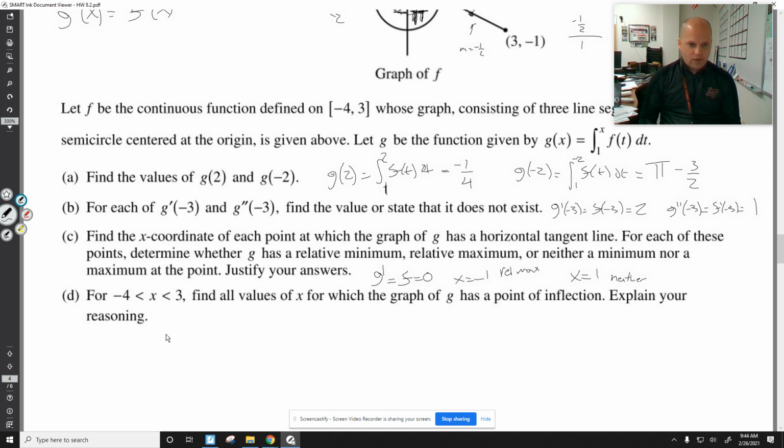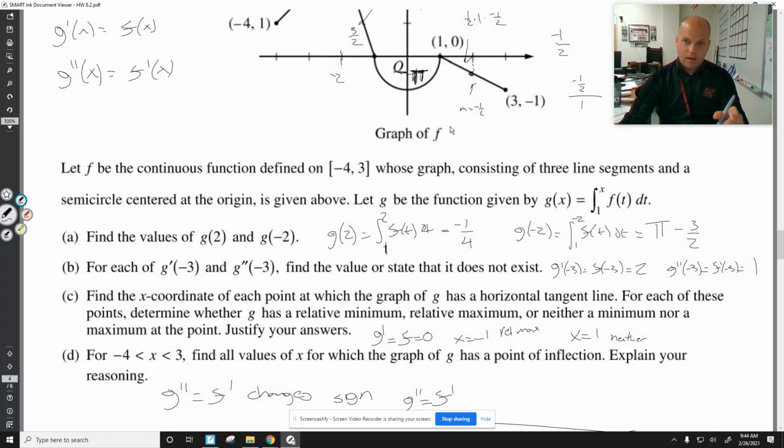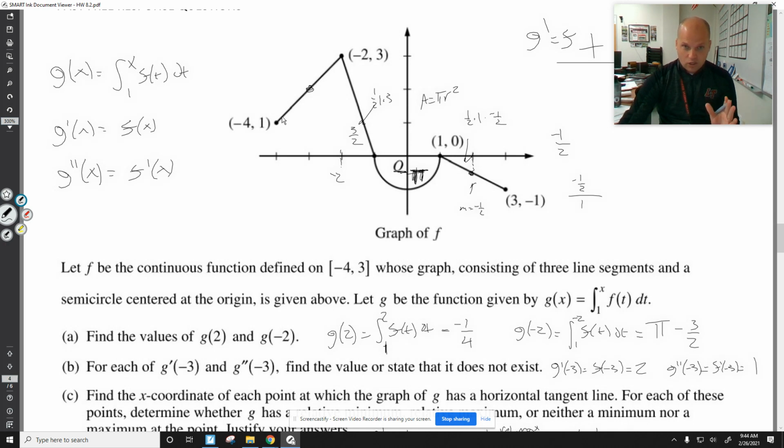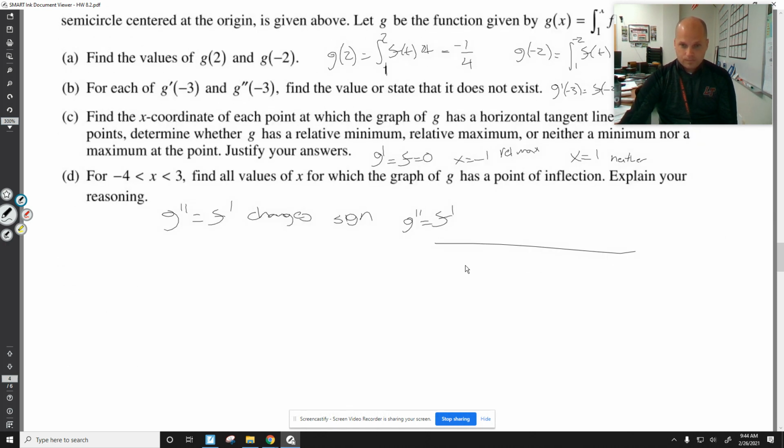When does g have a point of inflection? When g double prime, which equals f prime, changes sign. If we look at g double prime, which equals the slopes of f, f slopes are positive until -2.